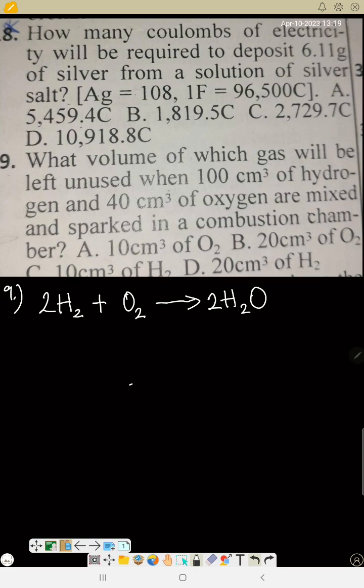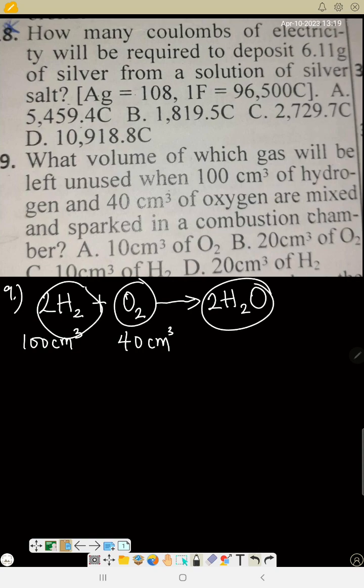So let's start. We have initially 100 centimeter cube of hydrogen with 40 centimeter cube of oxygen. If these two react together, how much volume of water can you produce? Now we need to find which one is the limiting reactant and which one is the excess reactant.